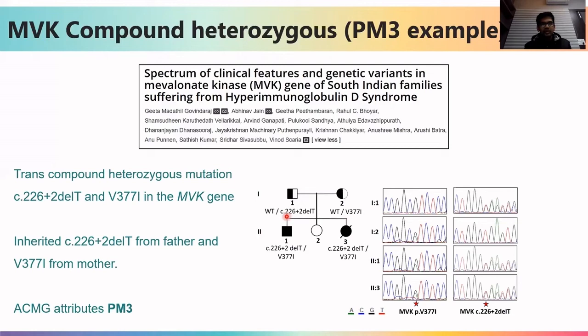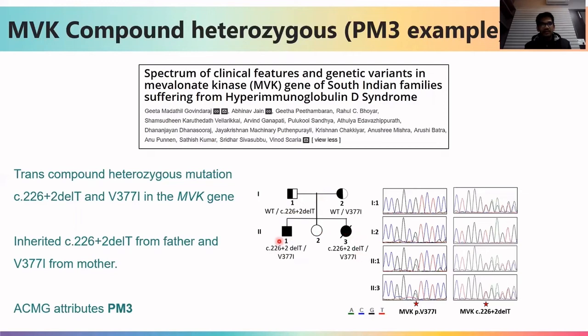The father is heterozygous for a splicing variant, that is c.226+2delT, while the mother is heterozygous for V377I. When they inherited the mutations, these two affected individuals both inherited the affected copy, which has the variant, and due to which both of them are affected with hyper IgD syndrome.